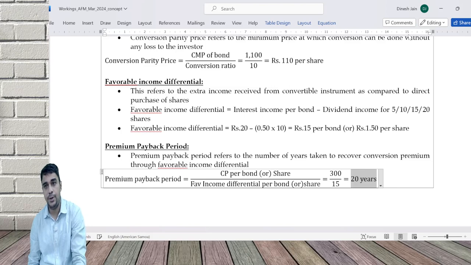I recover that over a period of next 20 years. Because the conversion will happen in 5 years, no? 5 years is the life of the bond, no? So in the 6th year, 7th year, how will you get favorable income differential? The bond itself gets over in 5 years.